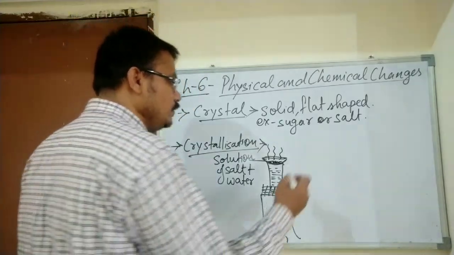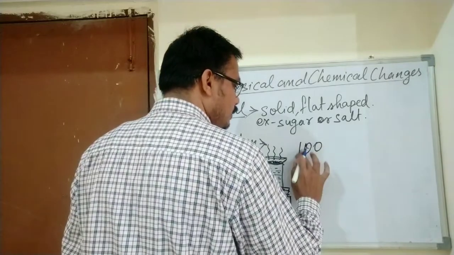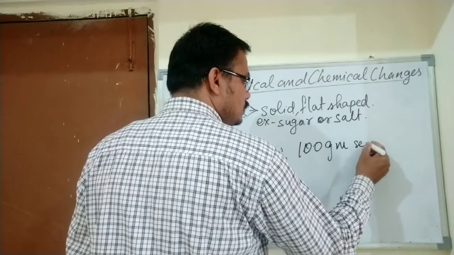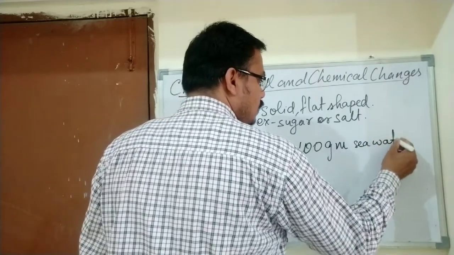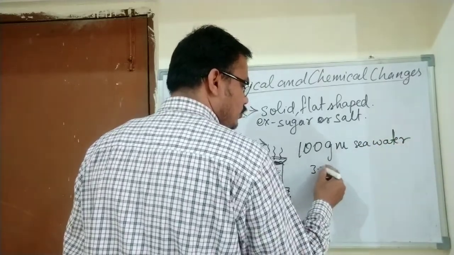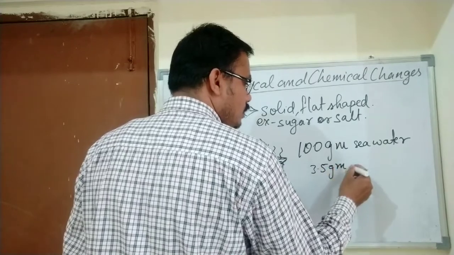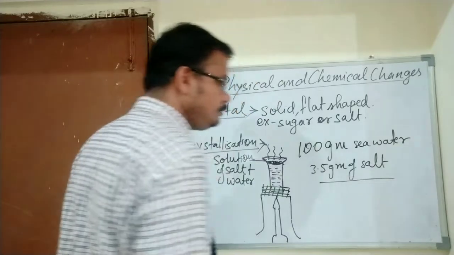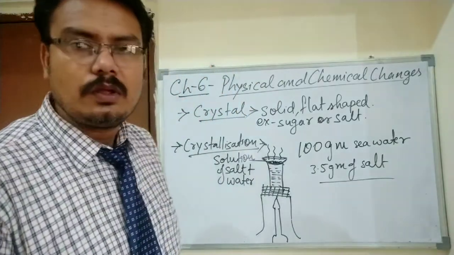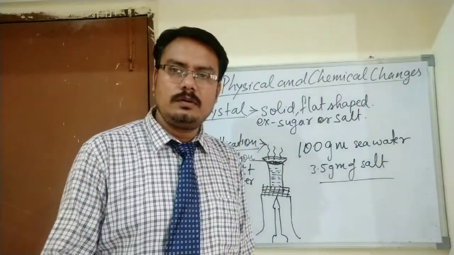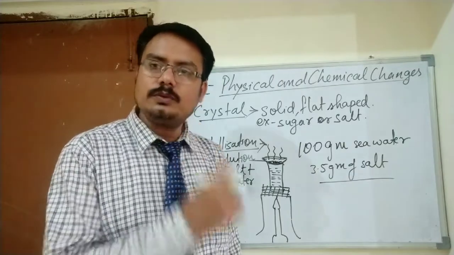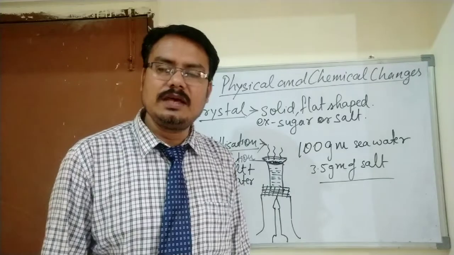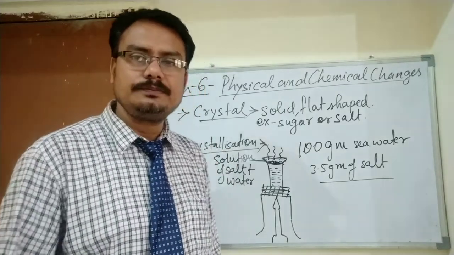That is, I have told you that 100 gram of seawater contains 3.5 gram of salt. So students, now open your book to the assessment portion, that is MCQ, and I am just explaining the questions and giving the answers. Just mark them in your book, students.